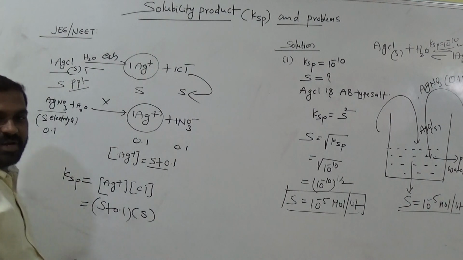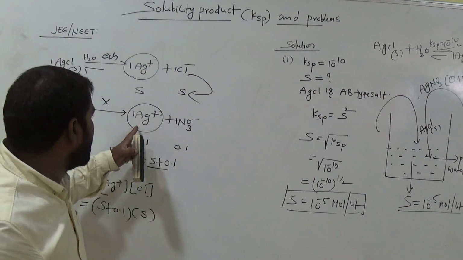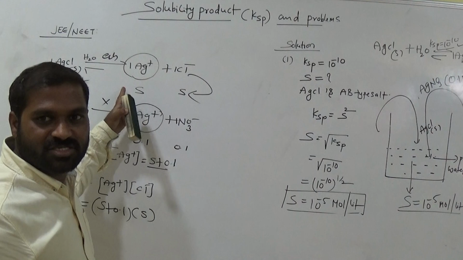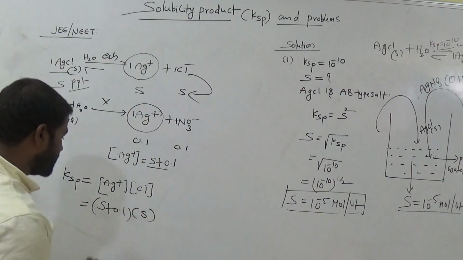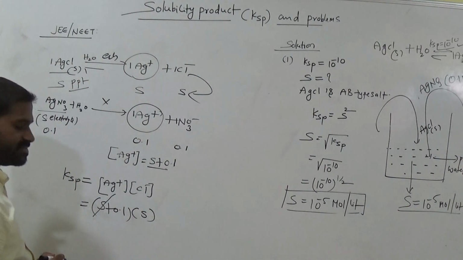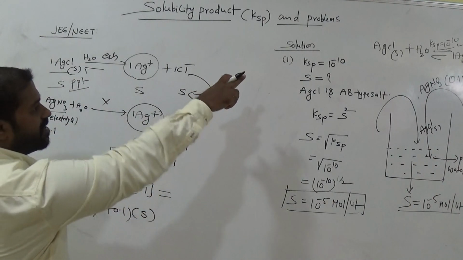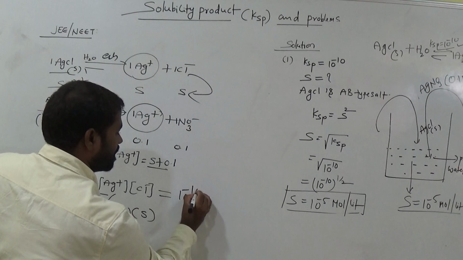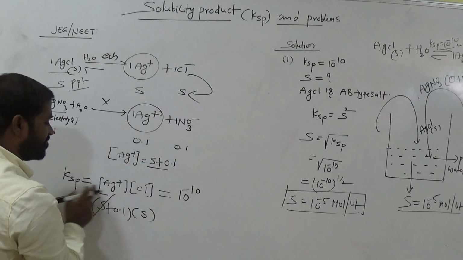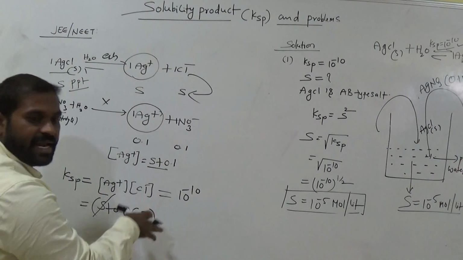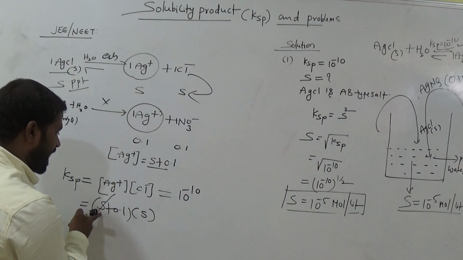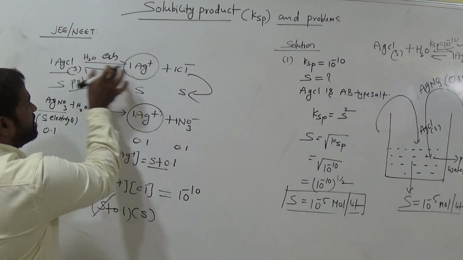Okay. So what we discussed, when we add a common ion, its solubility decreases or not? That means we are able to neglect this value or not here. Now Ksp is already given. How much is it? 10 power minus 10, for AgCl, before we add the common ion. So here S is the solubility of AgCl, am I right?